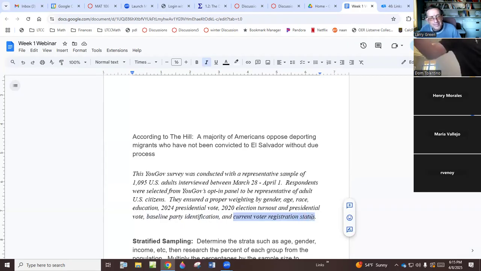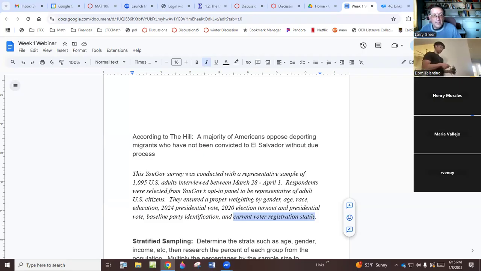So what they did is they made sure there wasn't bias due to any of those factors. And the idea is that might be most of the factors that you would worry about bias. Do you agree? There could be others, but those are the biggies. I think they did a really nice job here.